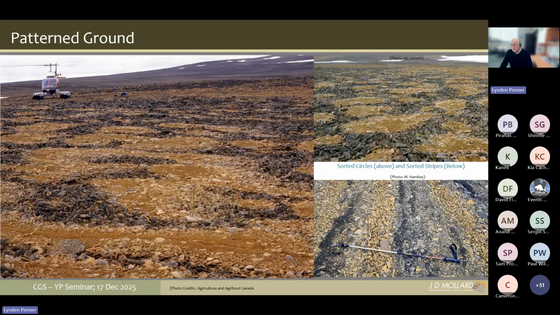And so here you've got sorted stripes where it's actually segregating the material based on the density and the gradation of the material. So you get the different rock types separated out. In these upper photographs, you have these circular features that form due to the segregation of the particles within the active layer.